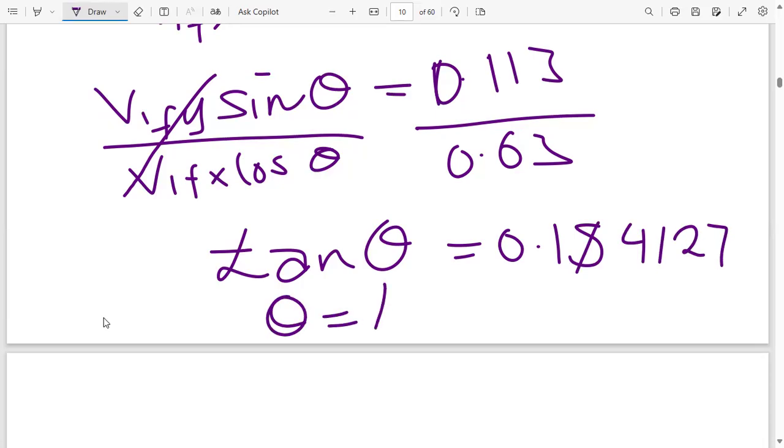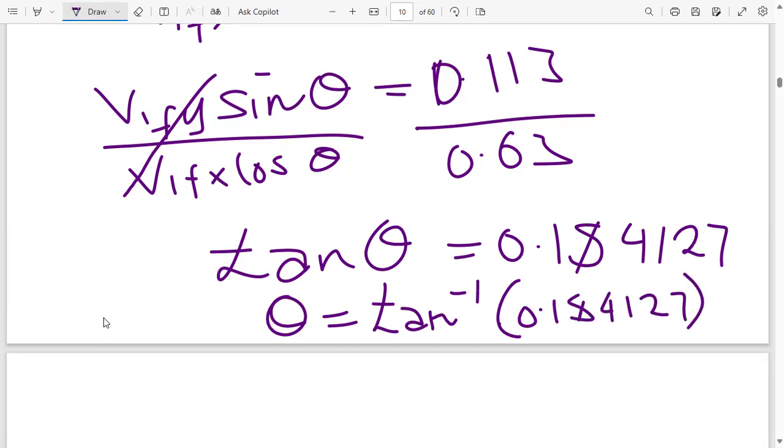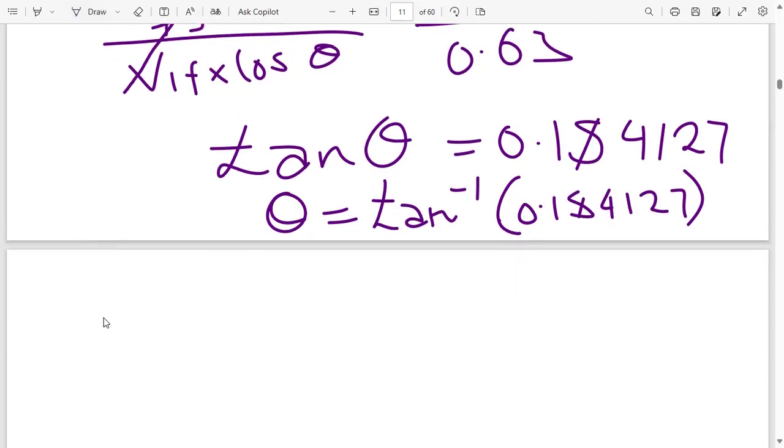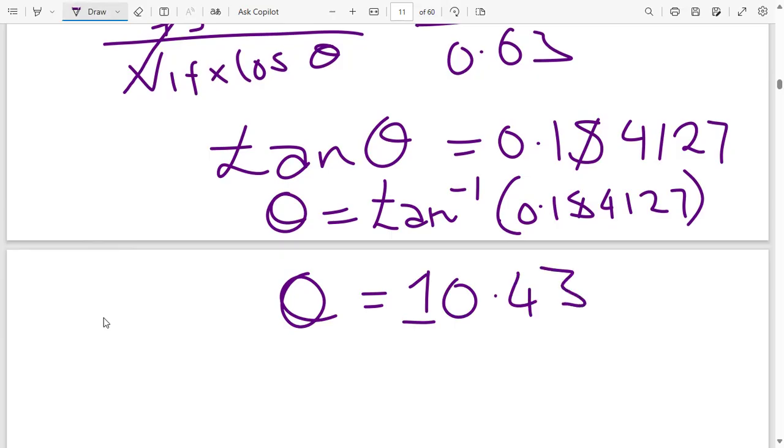Theta is equal to the tan inverse of 0.184127, and if I plug this into my calculator, I'm getting theta as 10.43 degrees. So the direction of v1 final is 10.43 degrees above the positive x-axis.